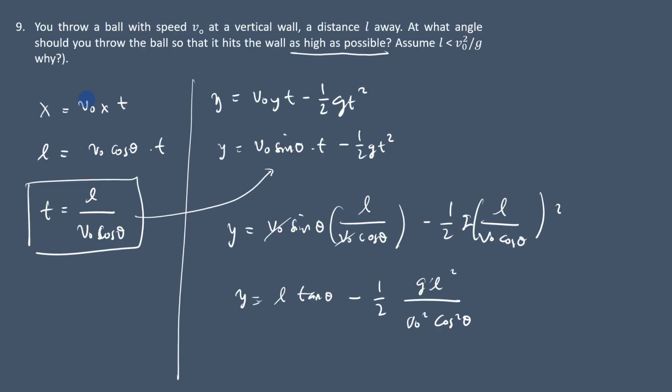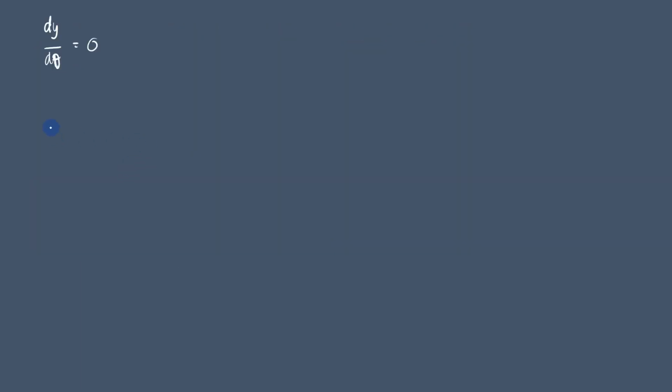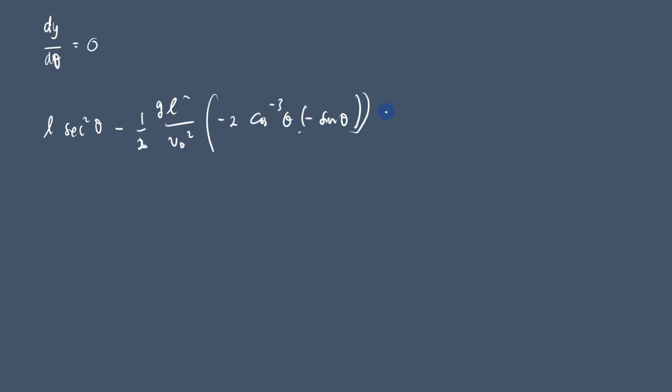The derivative of tan θ is secant squared θ, and the second term has the constant value. We get minus 2 cos³ θ times minus sin θ. This is the multiplication process.